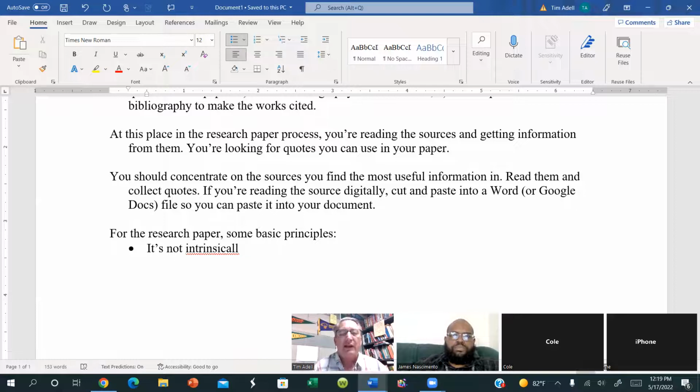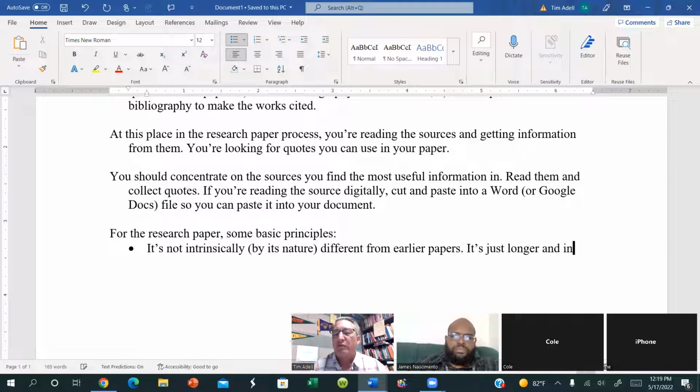I'm just going to use a good academic word: it's not intrinsically different, which means by its nature, different from earlier papers. It's just longer and involves more sources.